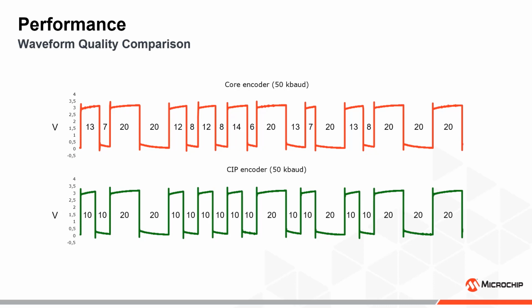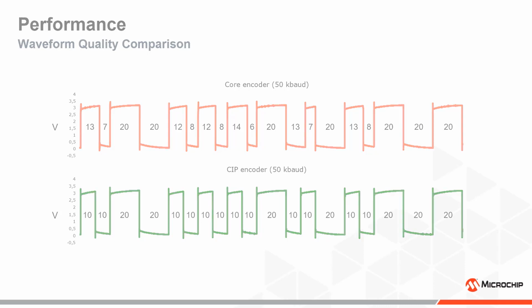The irregularity of the waveform from the core-based encoder is highly dependent on the baud rate and becomes progressively worse as the baud rate is increased, and conversely the waveform is more regular for lower baud rates. The CIP encoder maintains a very high waveform quality and regularity even for very high baud rates.